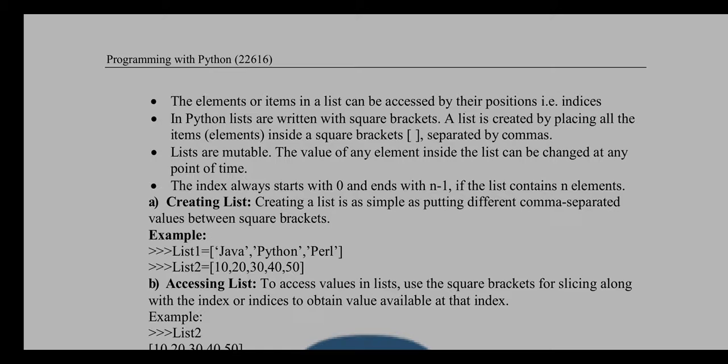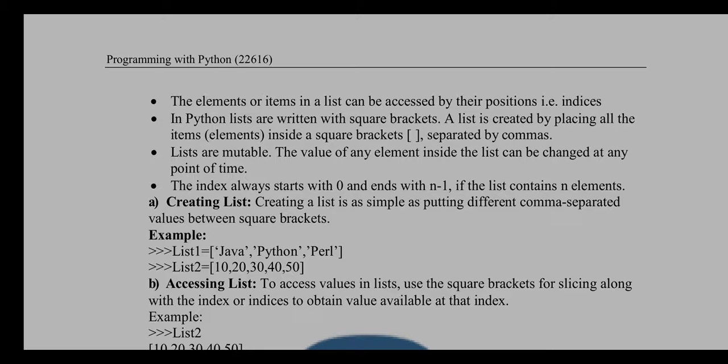We can create a list. Creating a list is as simple as putting different comma separated values between square brackets. See list 1, here we have specified different subjects or programming languages as a string list.